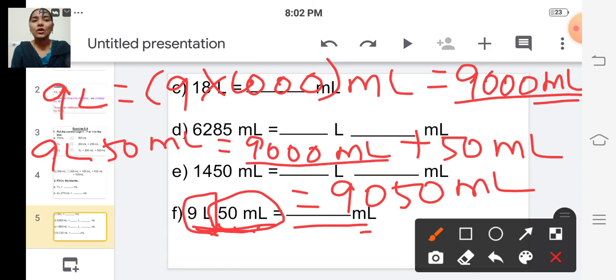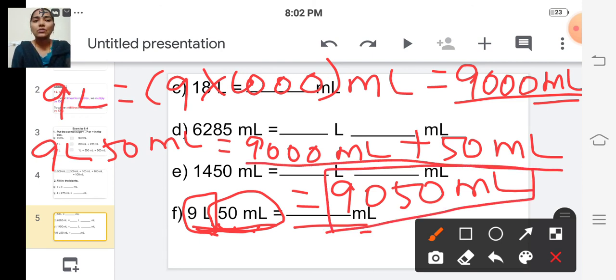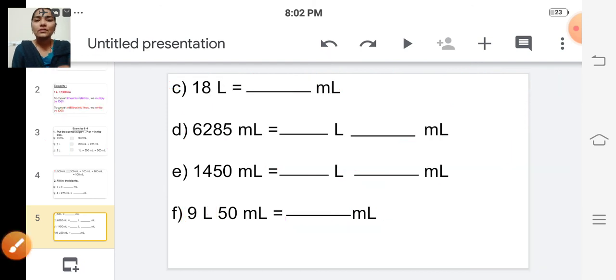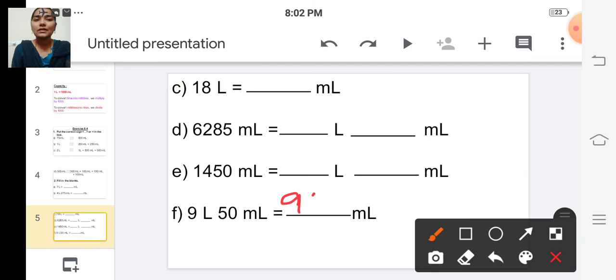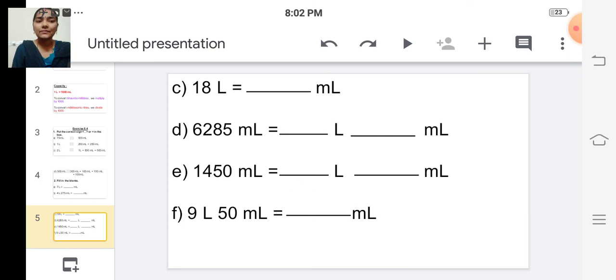It's like normal addition. So the answer is 9050 milliliter. Am I clear, children?